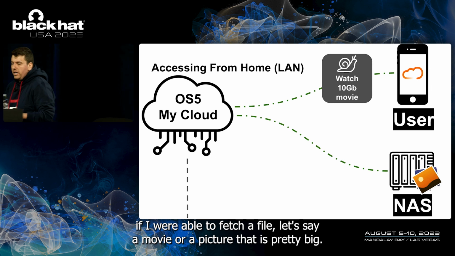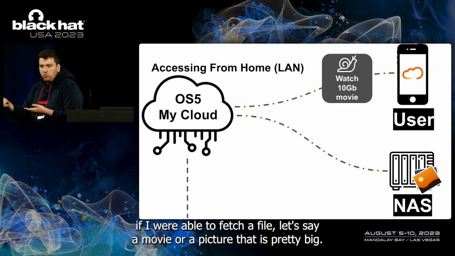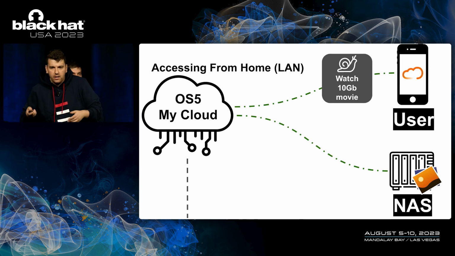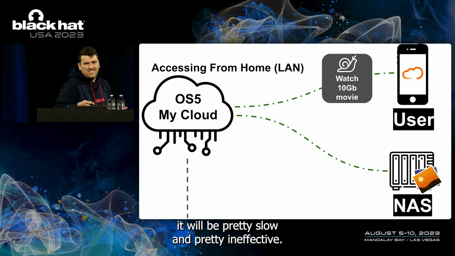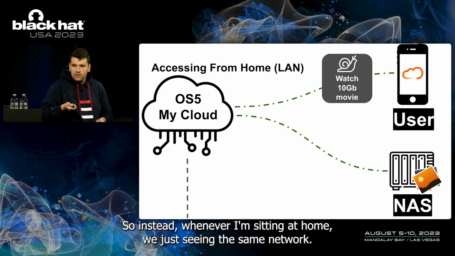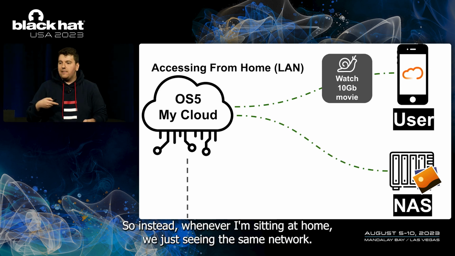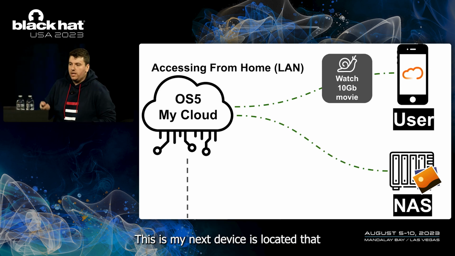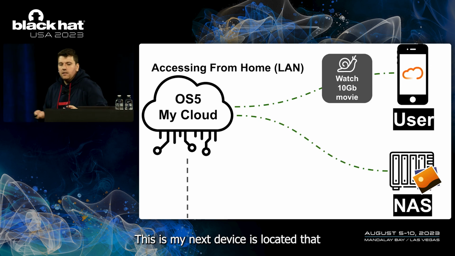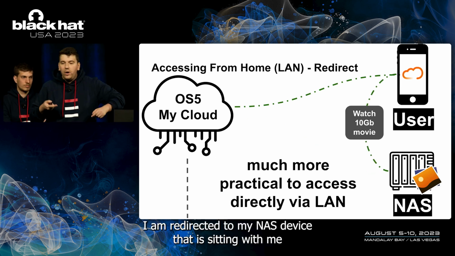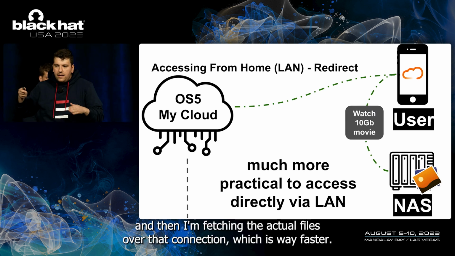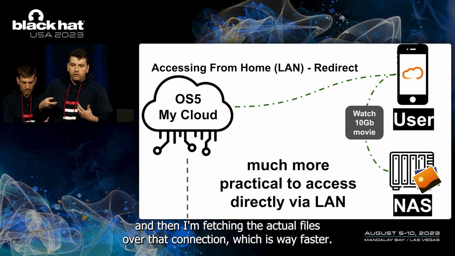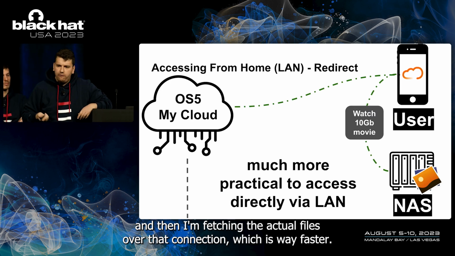You see, if I were to fetch a file, let's say a movie or a picture that is pretty big, over Western Digital's cloud servers, it would be pretty slow and ineffective. So instead, whenever I'm sitting at home in the same network that my NAS device is located at, I am redirected to my NAS device that is sitting with me. And then I'm fetching the actual files over the LAN connection, which is way faster.